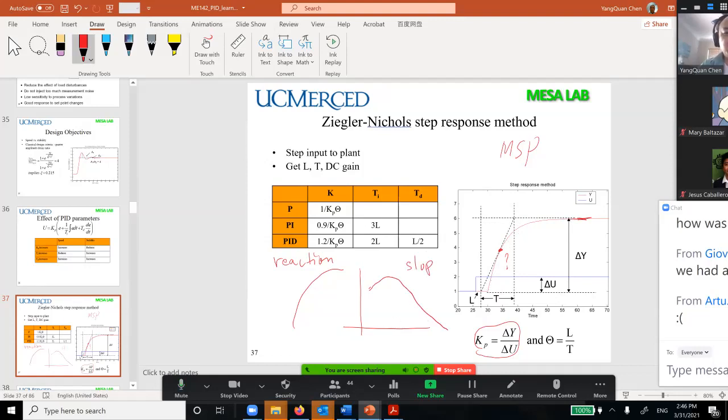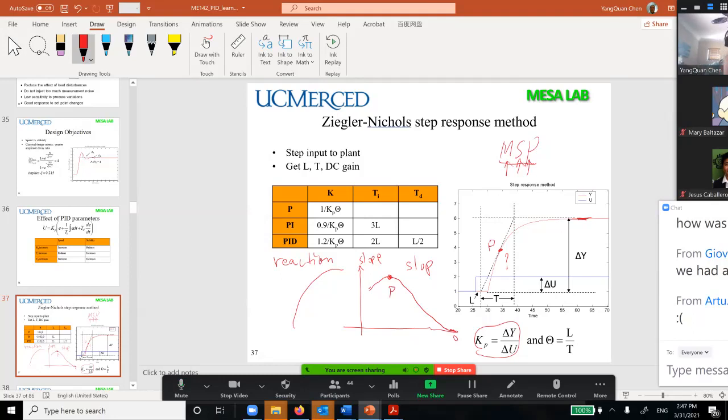Initially the slope goes up, then goes down to 0. So what is the peak slope? This point is called the peak slope. It's the maximum slope point, MSP.